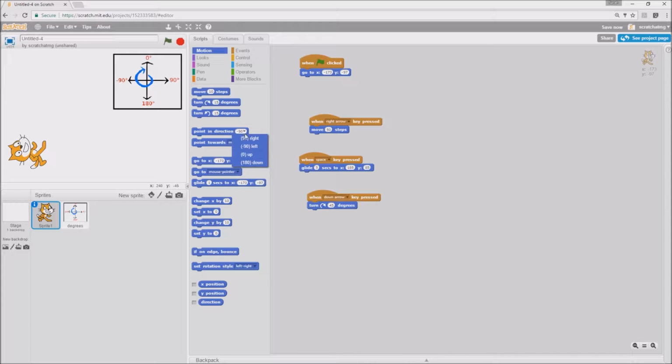You can have him pointing up, you can have him pointing down. But we want to reset him to pointing right, 90 degrees. So let's move this block to here, and then when we click the green flag, he's facing the 90-degree position, and he's in the XY position that we want him to be in.